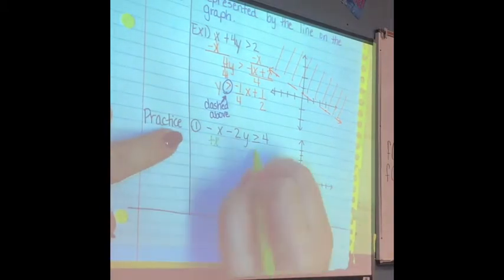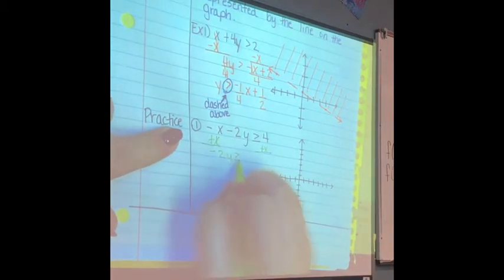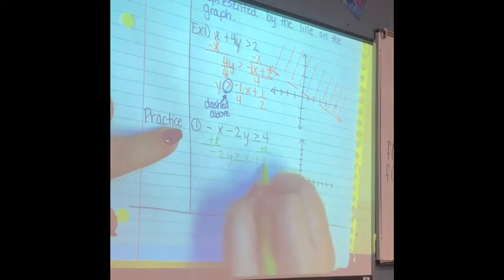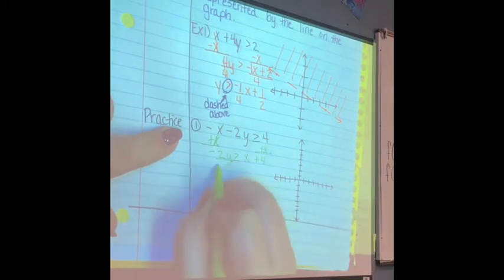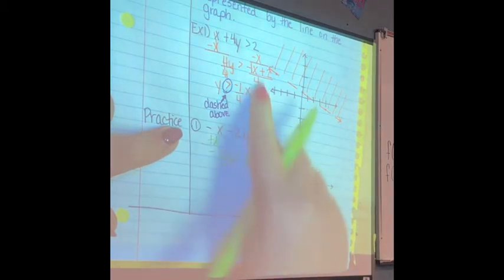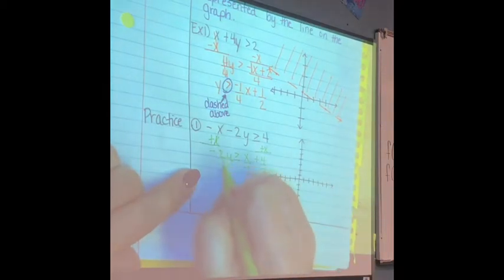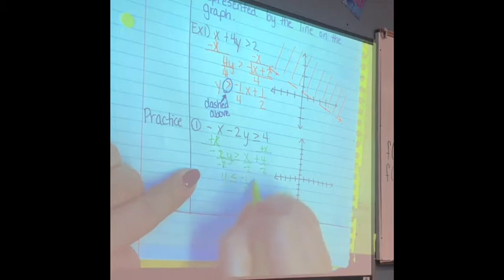So I'm adding the x to both sides. That gives me negative 2y greater than or equal to x plus 4. And then I'm going to divide by negative 2. Remember, that's all the parts. You can write it either way. And when I divide by the negative 2, what's happening here? Flipping that sign, so then I have negative 1/2 x minus 2. Yes?